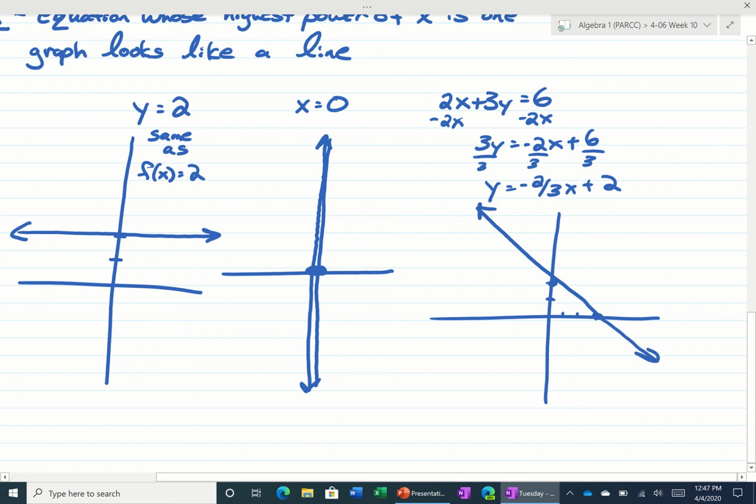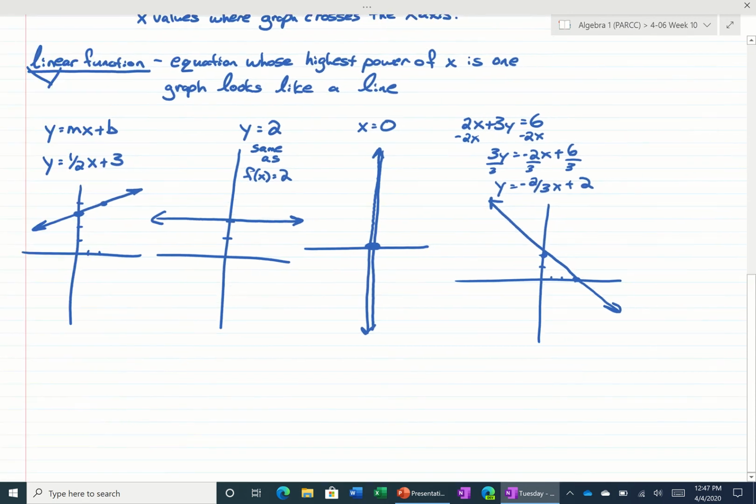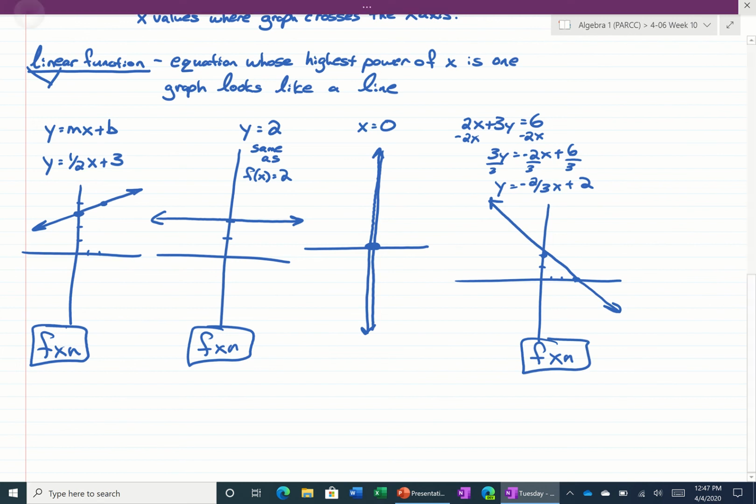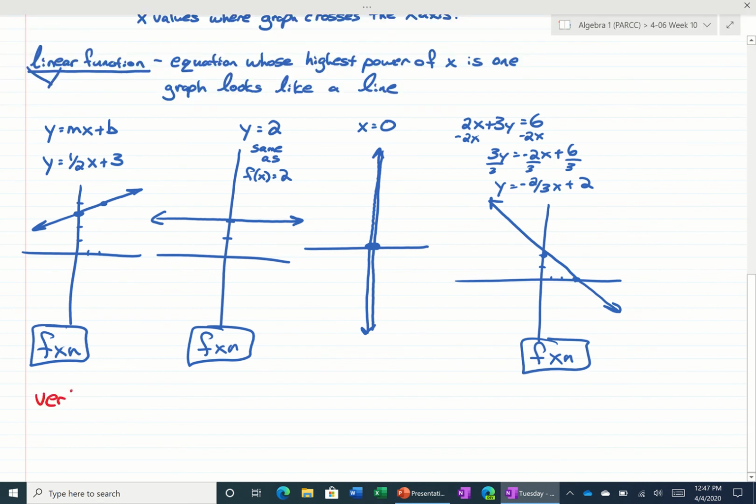All right, so just a few things to point out about these graphs. One thing is that this is a function, this is a function, and this is a function. What determines if something's a function or not is if you draw a vertical line. This is called the vertical line test.